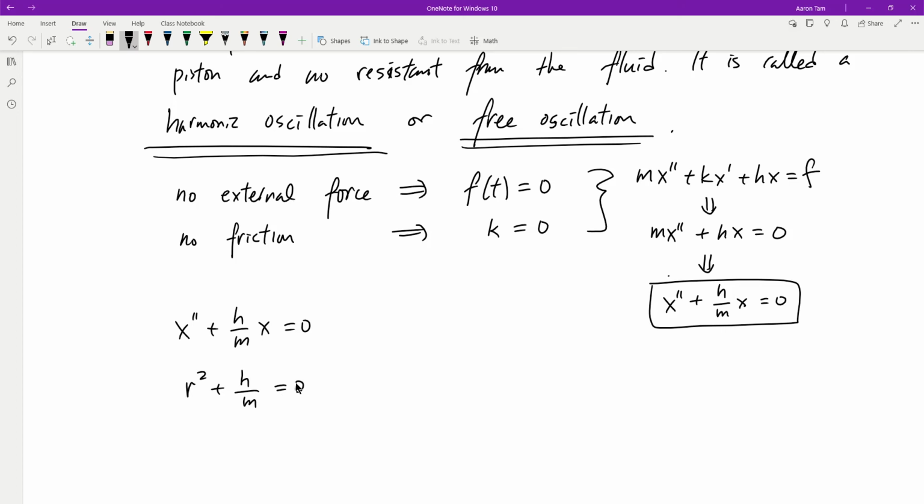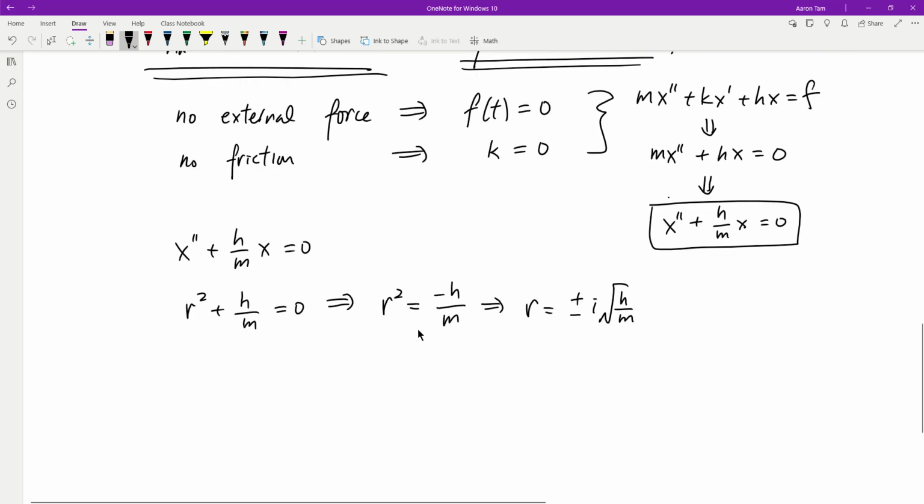That is our characteristic equation. Therefore, r squared must equal negative h over m, and therefore r must equal, notice that h is positive, m is positive, therefore negative h over m must be negative, and result in imaginary roots, plus or minus i radical h over m.